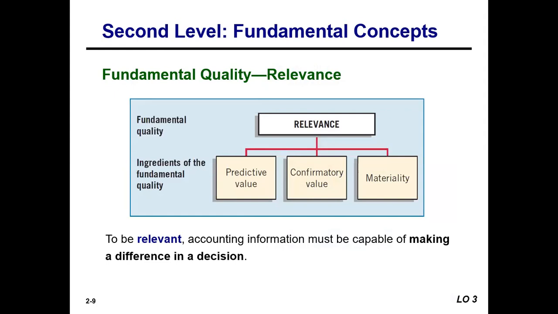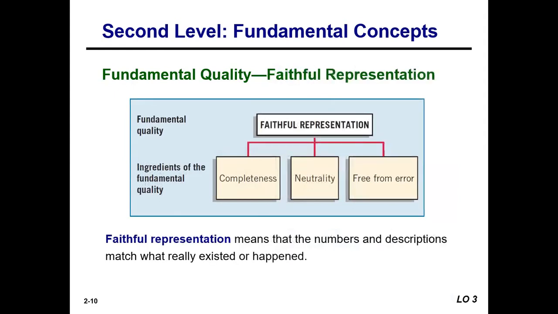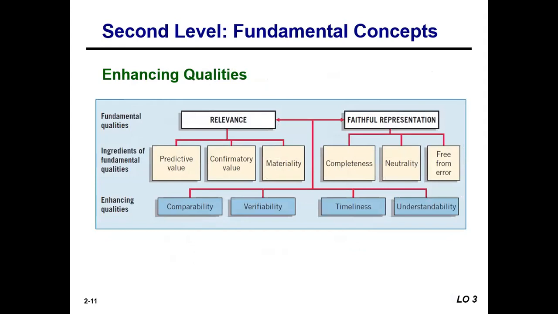We talked about each one of those already. And then faithful representation, again, completeness, neutrality, free from error. We talked about each one of those already. And then those enhancing qualities: comparability, verifiability, timeliness, understandability. Again, we've talked about each one of those already.